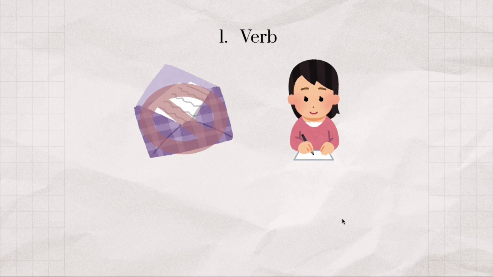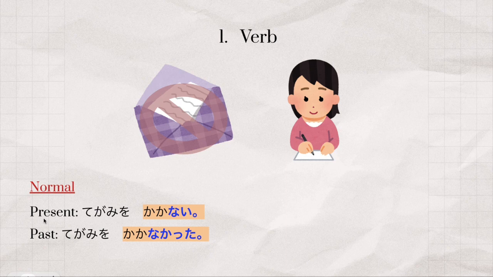Okay, another one for verb. We could see that the woman is writing some notes, but she is not writing a letter. So to say this in normal form, the present tense would be 手紙を書かない.